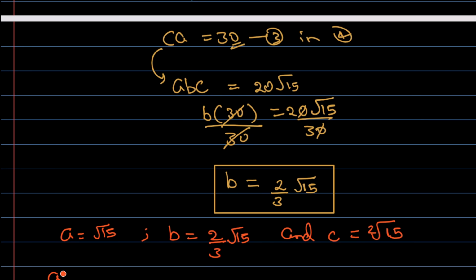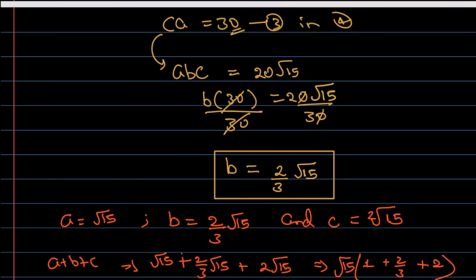So adding A plus B plus C, we get root 15 plus 2 over 3 root 15 plus 2 root 15, or taking root 15 common, we get 1 plus 2 by 3 plus 2.